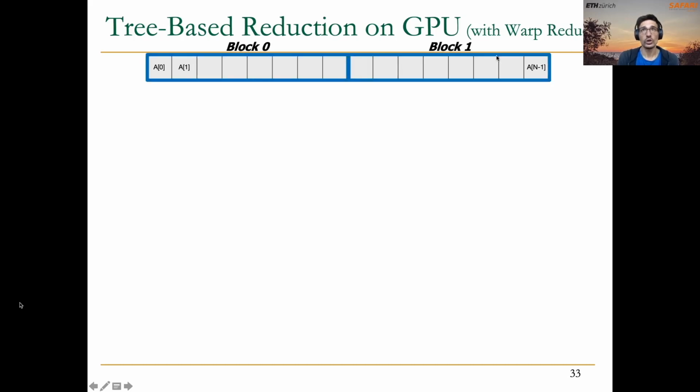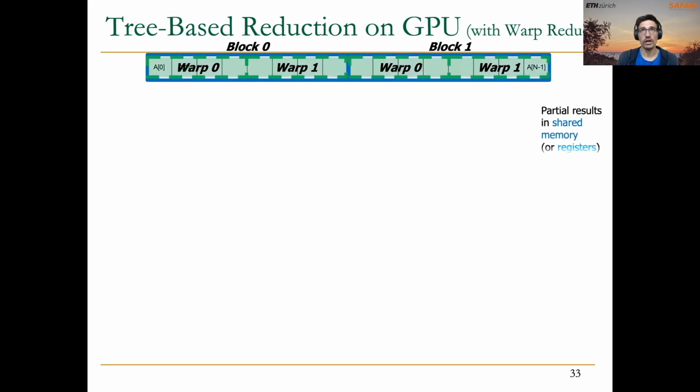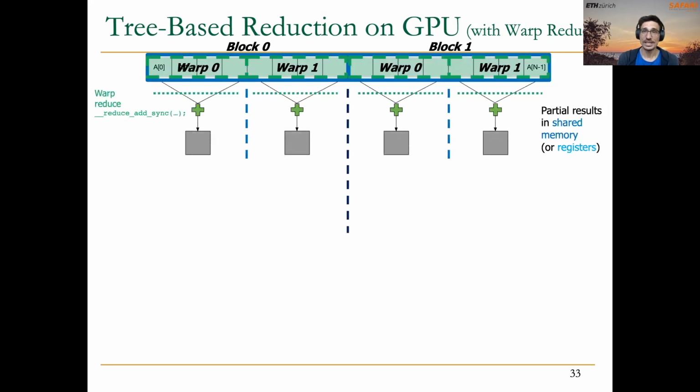We divide the computation in the same way, but now instead of using warp shuffle instructions when we have to communicate partial results among the threads of the same warp, what we could do directly is use the warp reduce function, which uses specialized hardware to perform this reduction operation and is probably much faster. So we can replace this final inner loop that we saw in a previous slide, where we use the warp shuffle instructions.